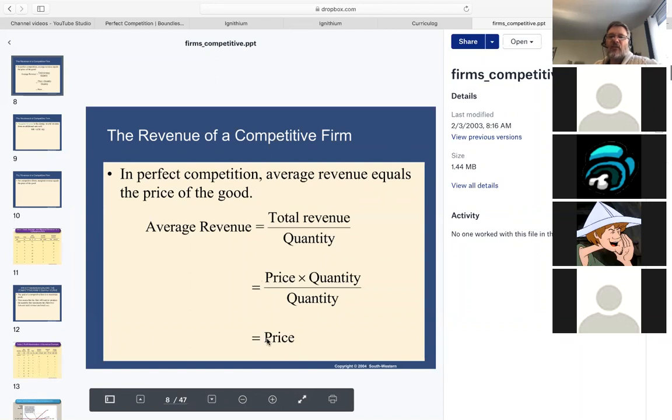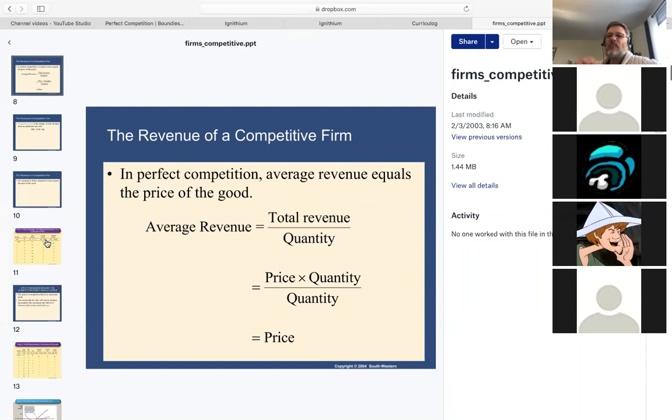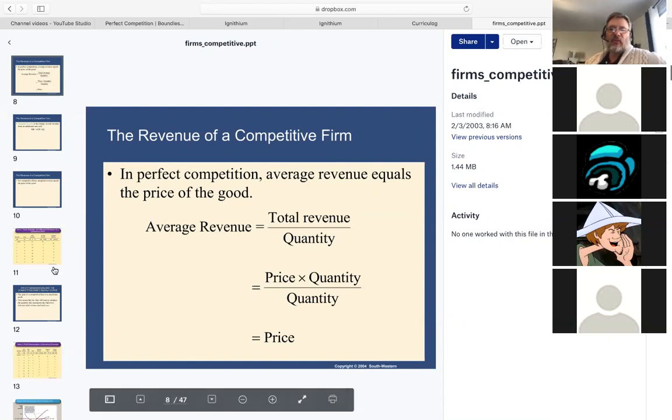So the average revenue then is just going to be the price. What this means for us, and what you'll see in your textbook and other places like that, is that we can also interpret the demand curve as being the average revenue curve, because the demand curve tells us at a particular price what quantity would be sold.